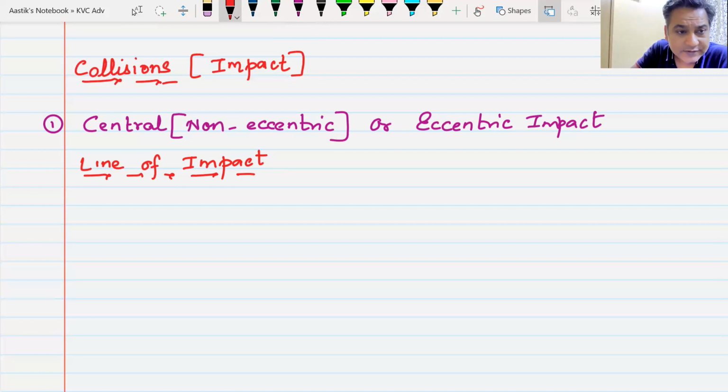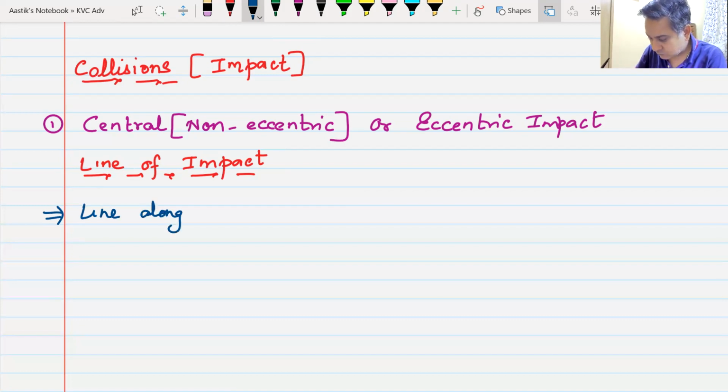Now, line of impact, when two bodies are colliding or having an impact, is normally the line along which the impulsive forces act on the two bodies. So line of impact, in very short, is the line along which impulse or impulsive forces act.